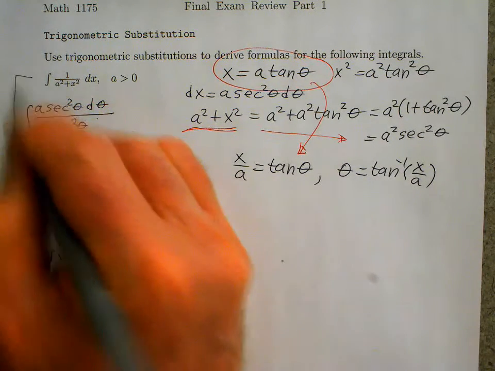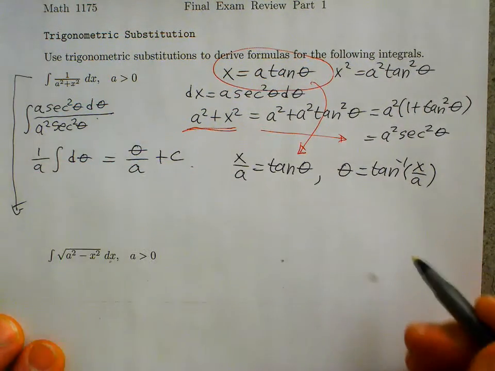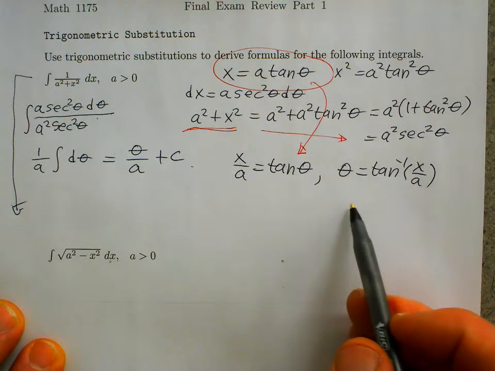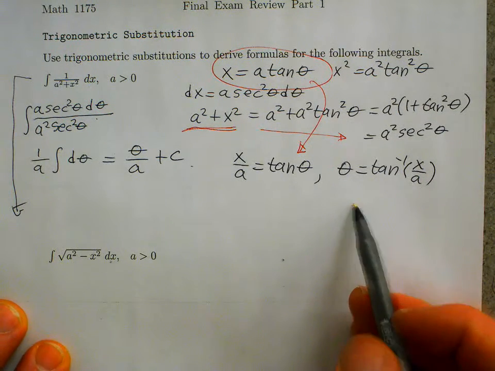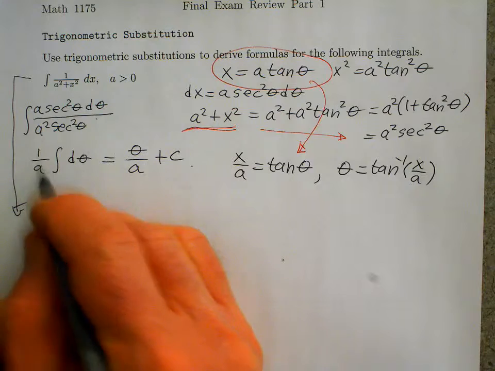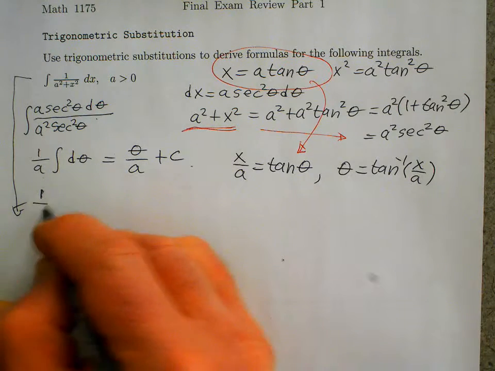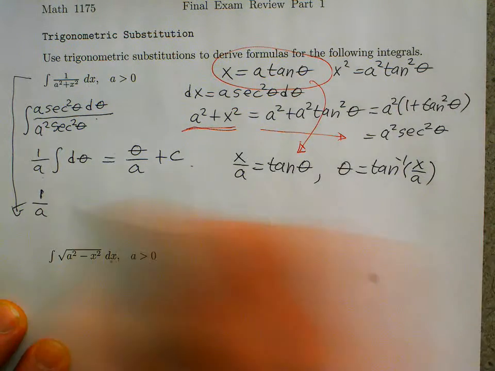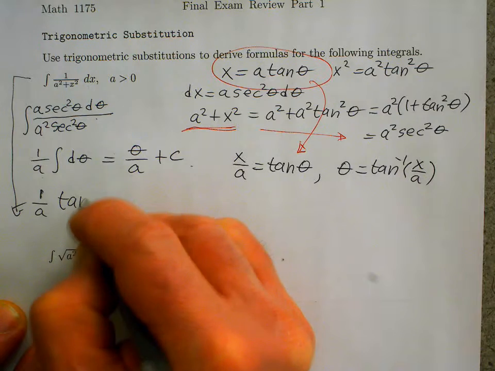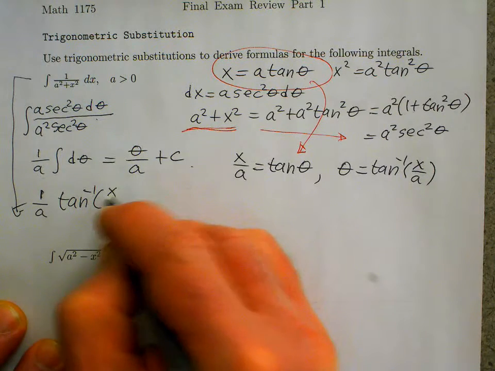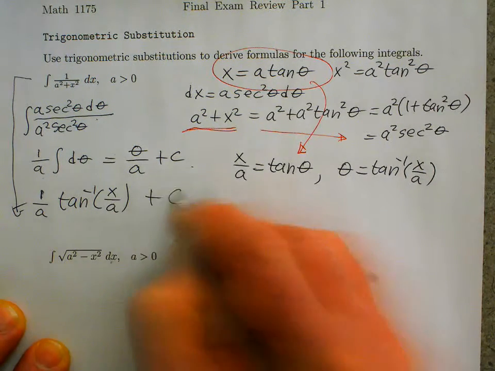Okay, so the answer to our problem is 1 over a, we still have that constant, times the inverse tangent of x over a plus a constant.